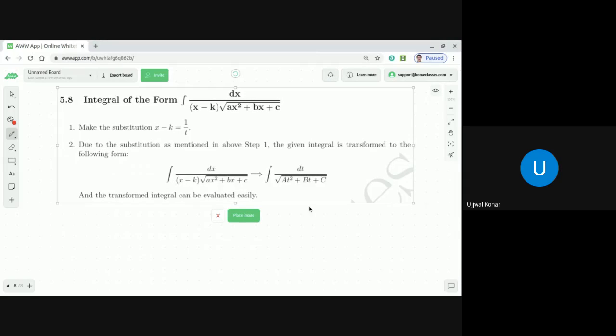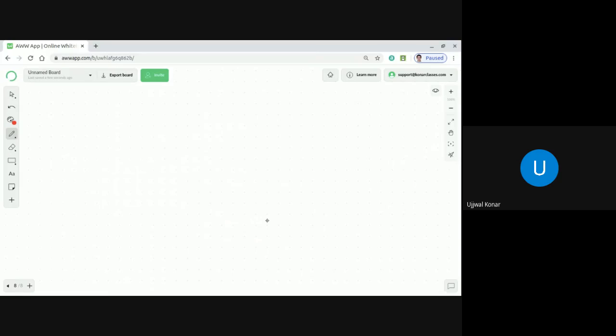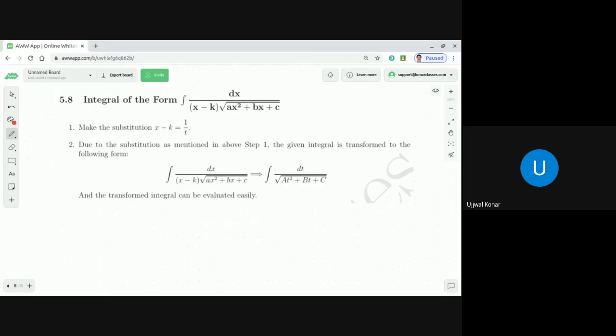Okay, what is that? Let me put it first. If you find integration of dx by a linear expression x minus k into square root of a quadratic expression like ax square plus bx plus c, as you see it here, then your first step should be to make the substitution x minus k is equal to 1 by t.